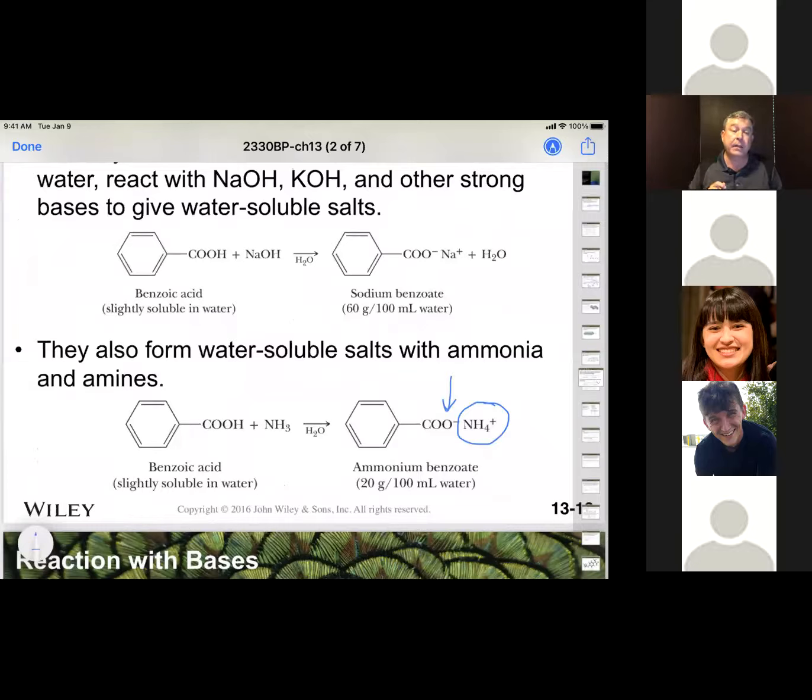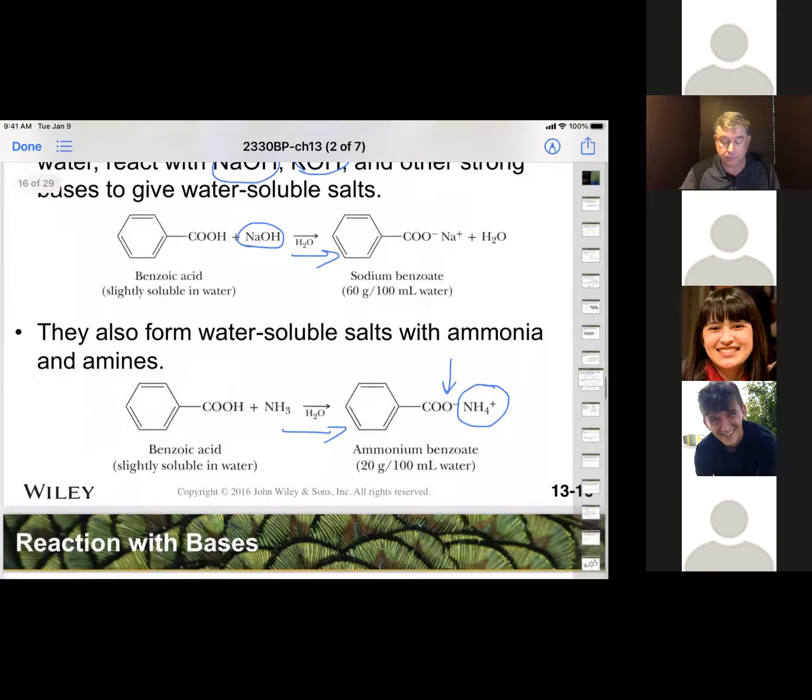Here we have the hydroxide acting as the base in our system. This is that deprotonation, and with a strong base, it almost goes to 100% completion. With weaker bases, you're going to have an equilibrium reaction.